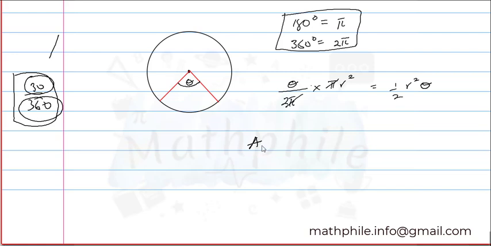So the area of a sector is equal to 1 over 2 r squared theta. Please, you are not supposed to forget this. Okay, so that is 1 over 2 r squared theta.